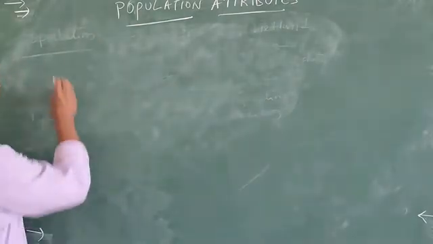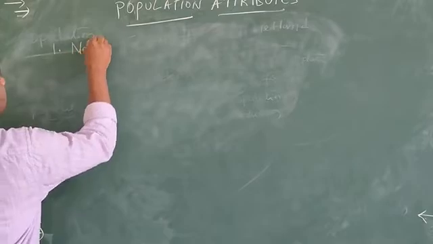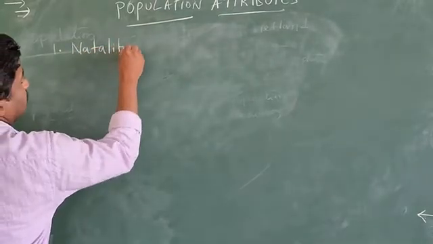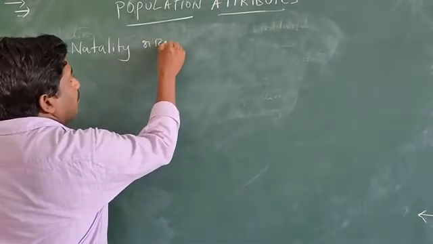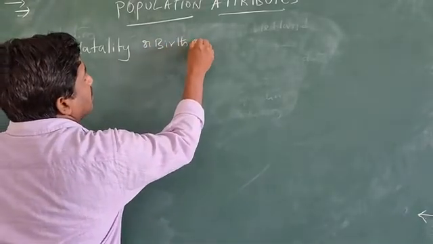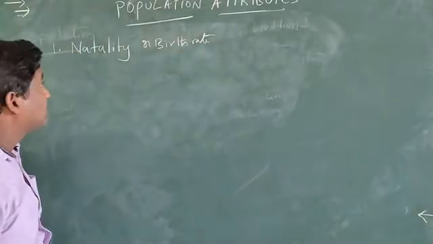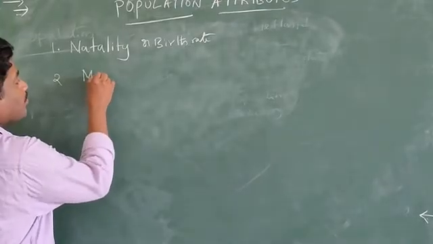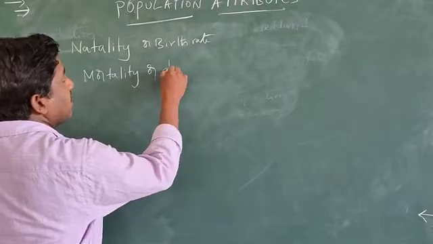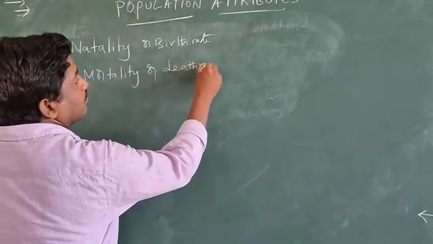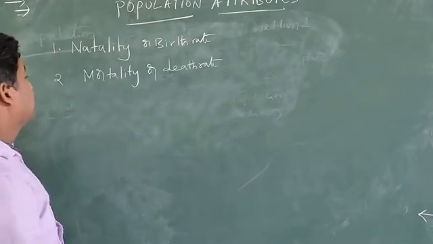The first one is natality, that means birth rate. Second one, mortality or death rate.